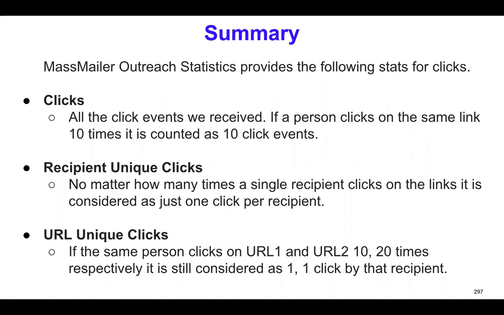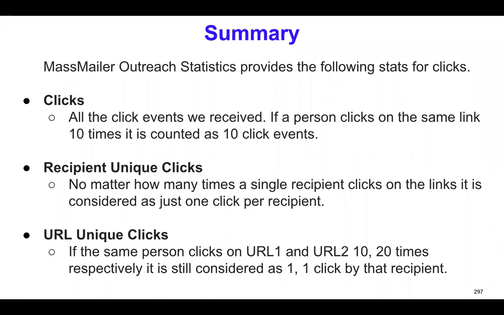So if you receive an email and click 10 different times on various links, that is 10 click events. We capture all 10, and that's what you see. No matter whether it is one person clicking 10 times, or how many links, every click event is a separate click event.